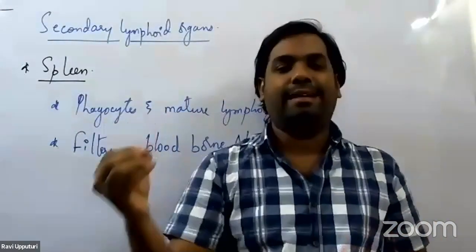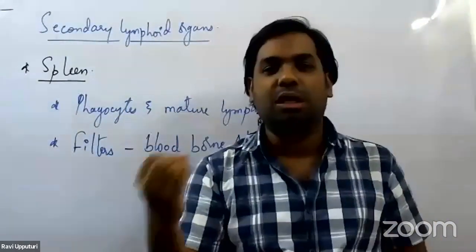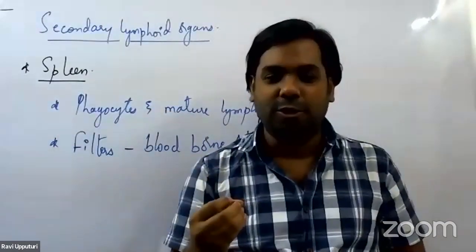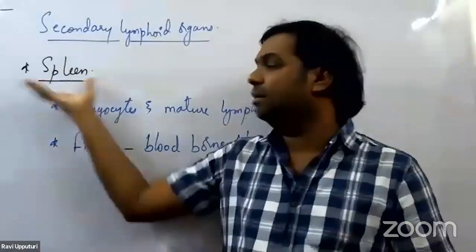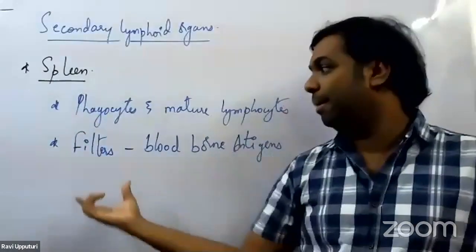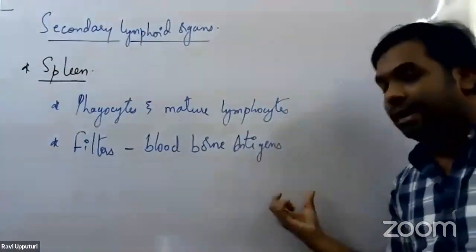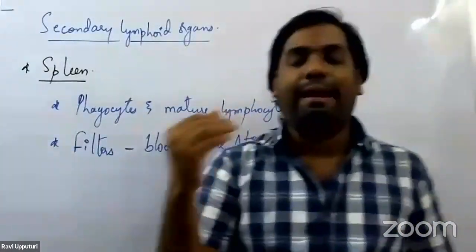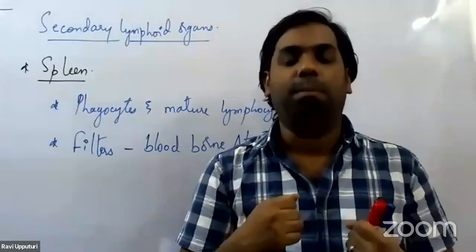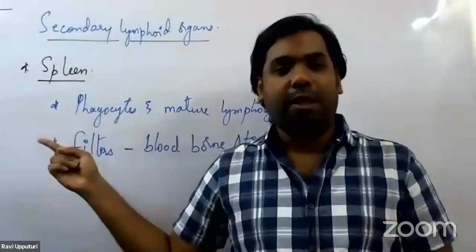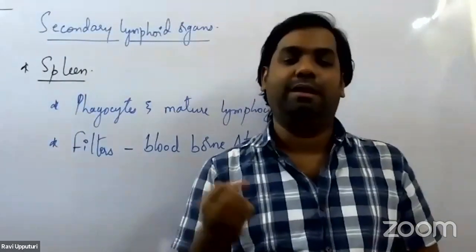All the antigens present in the blood circulation are trapped by the spleen. That's the reason why we call them filters. Filters for what? Filters for blood-borne antigens. So whatever antigen enters into the bloodstream, the spleen will start trapping those particular antigens.